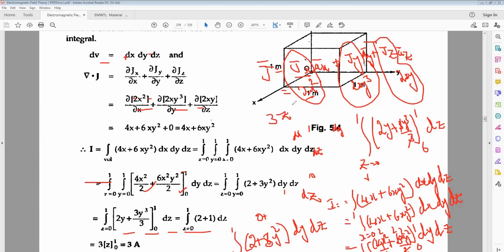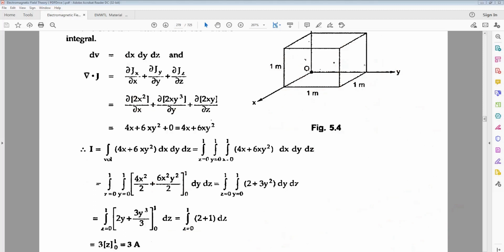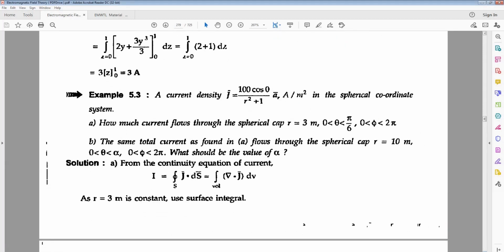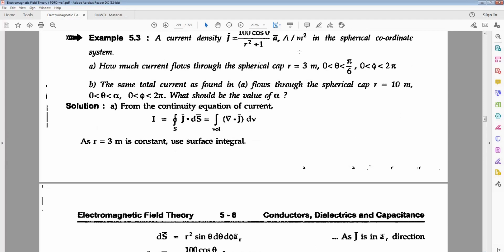So 3 into z, again from 0 to 1. I is equal to 3 amp. Next example.